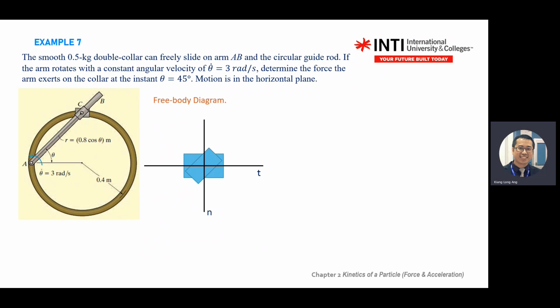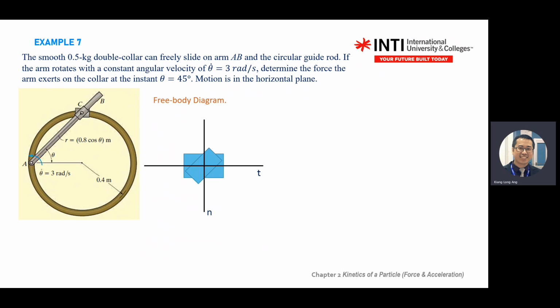Because this is a curve. Why does tangent go positive to the left? You look at the diagram. The diagram here is anti-clockwise. But we assume P is going to the right.